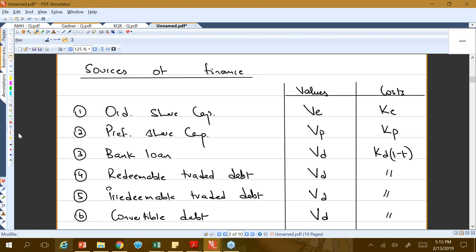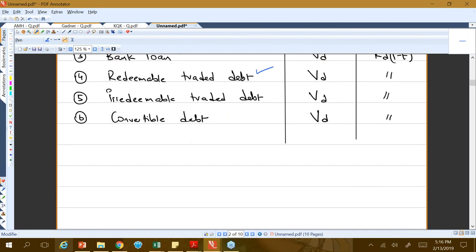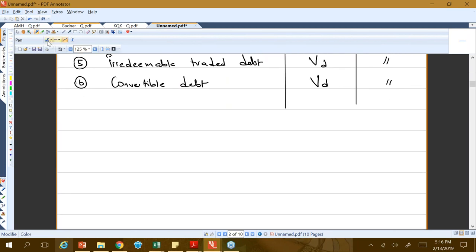Now, if I tell you that a business is using ordinary share capital, preferred capital, some sort of redeemable traded debt or redeemable traded bonds, and a bank loan, then if the business is using 4 of these sources, our WACC calculation will be different. It will look something like this.